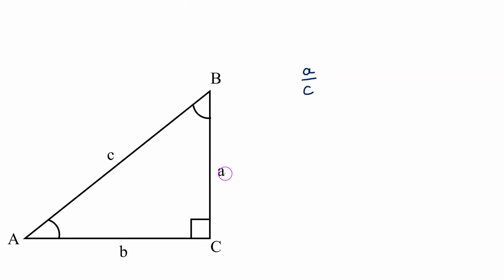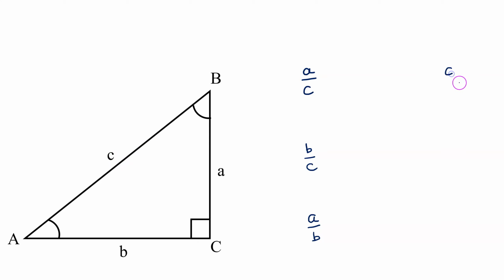Another way we could set up a ratio is we could divide this side, side B, by side C. And then a third way, we could divide side A by side B. So you'll see with these three examples, we've divided side A by C, side A by B. So we've divided side A by all the things it could be divided by. But side C, we haven't actually divided that by anything. So let's do that next.